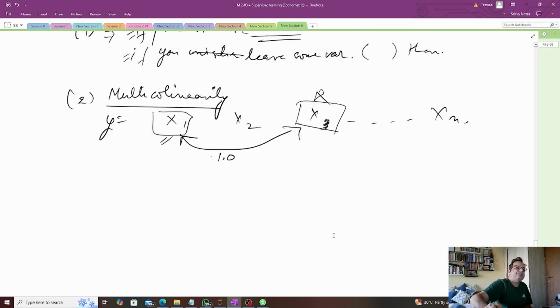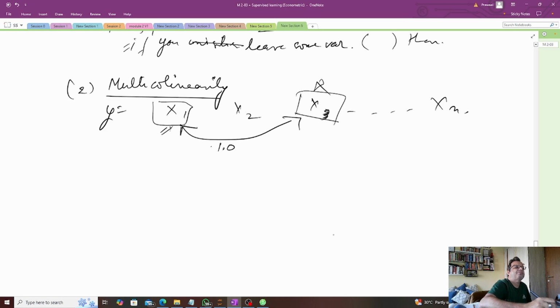That's the simple case, but then there can be times when your x1 and x2 are near collinear. They are not exactly collinear, let's suppose this is 0.85 or so. That's the collinearity between x1 and x2. In such a case, if we consider both of these variables independently, then it is going to overemphasize these two variables, because x1 already contains the 85% of what x2 wants to do, and so it creates problems.